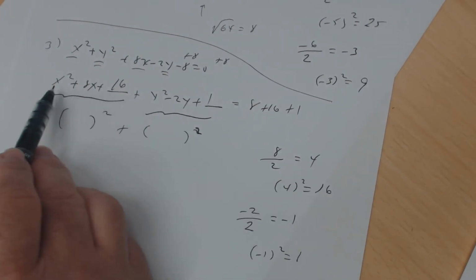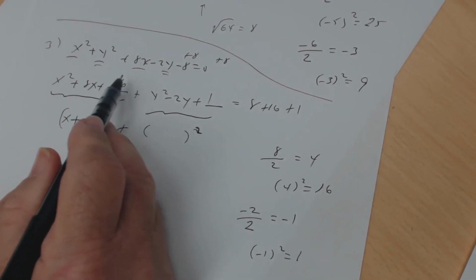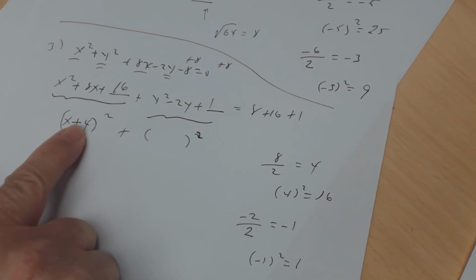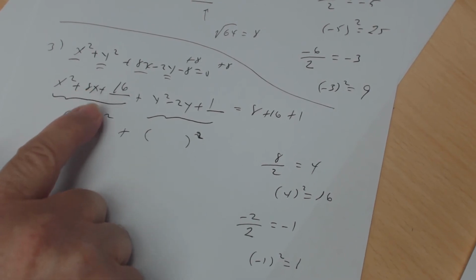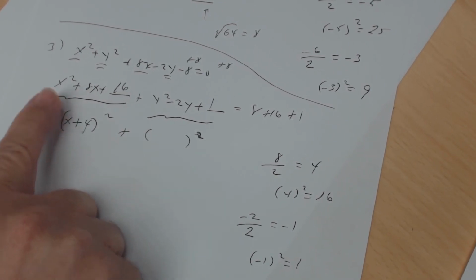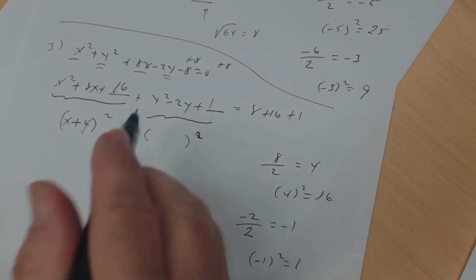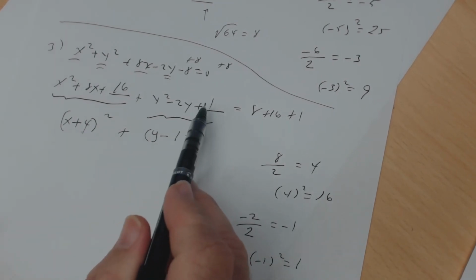Okay, so now I can factor this. So this is going to be x plus, all right, what number times itself is 16? The answer is 4. And if you say x plus 4 times x plus 4, you're going to get this back. You're going to get a middle term, 8x, and then x times x is x squared, and 4 times 4 is 16. Over here, that's going to be y minus 1, because what number times itself is 1?